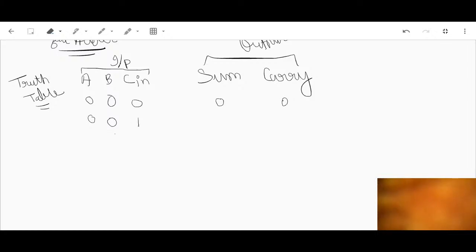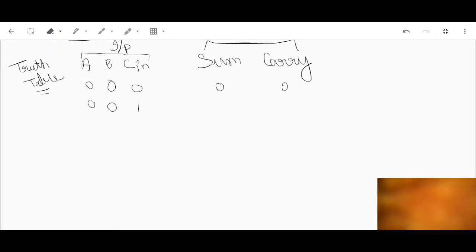First, I'll write all the inputs, then after that, I'll write the outputs of the sum and carry. So here we'll put 0, 1, 0.